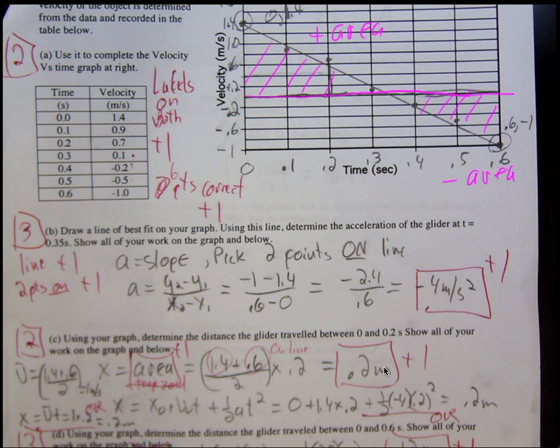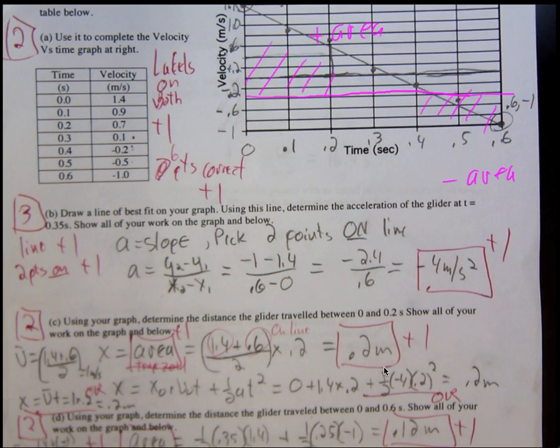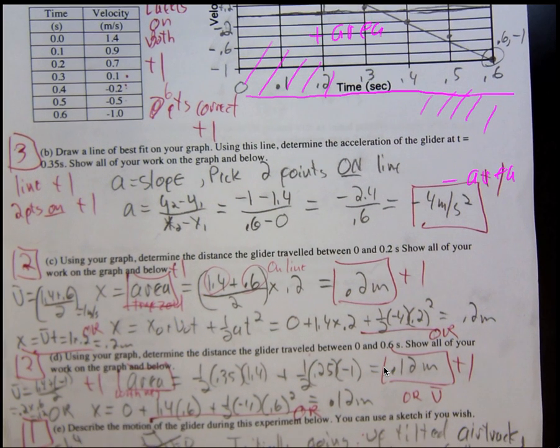If we go back to D, I've got 2 triangles. The positive one is 1/2 the base times the height. And the negative one is 1/2 the base times the height, which is -1. When you add that together, you get 0.12 meters. You could also use this fancy equation.